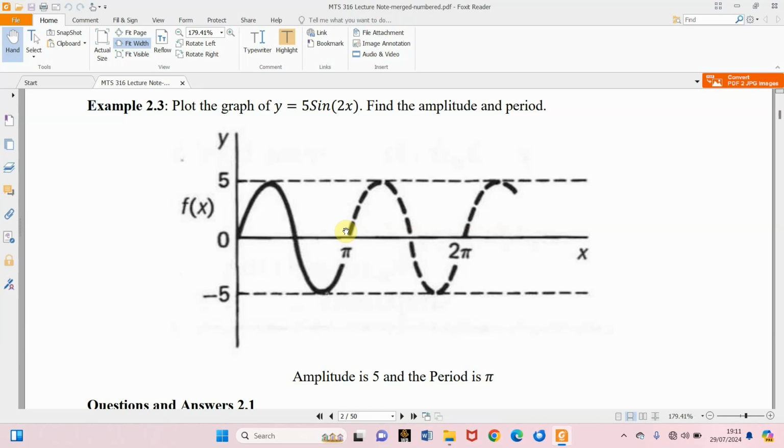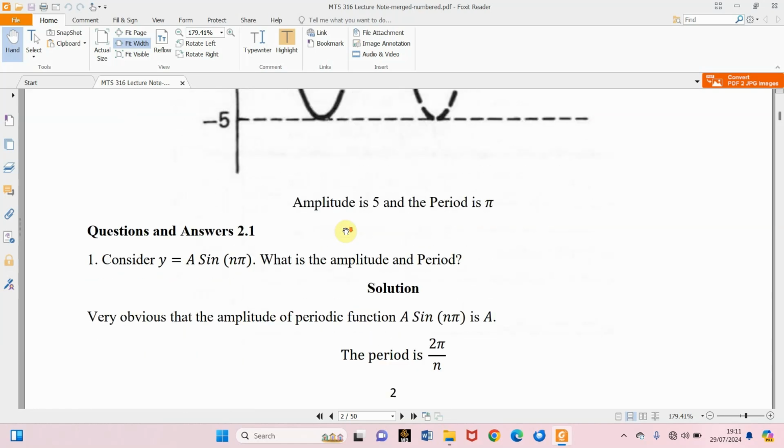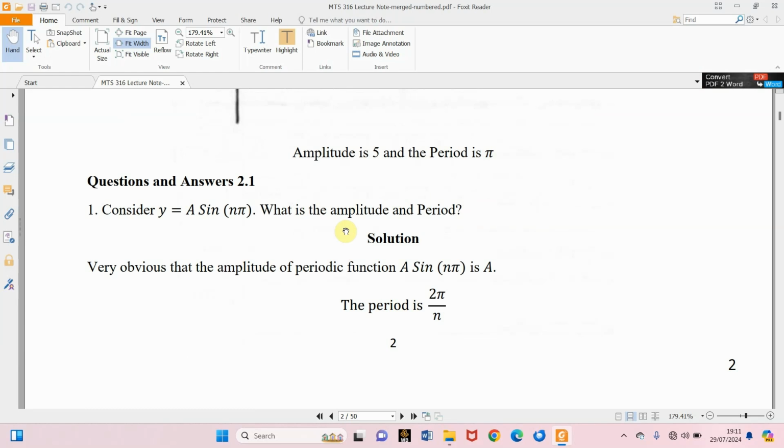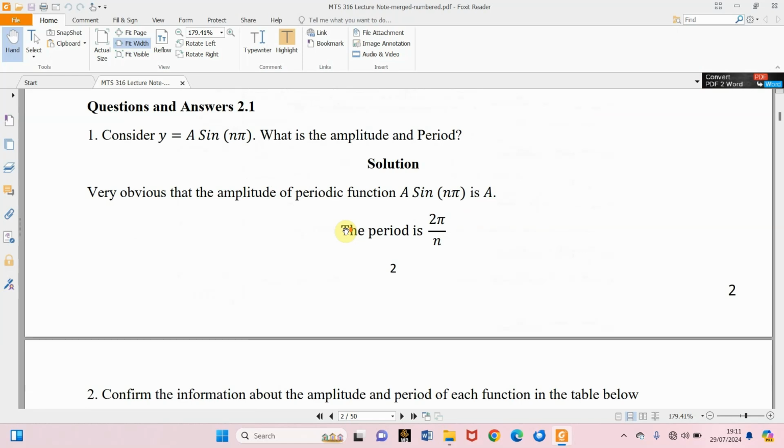So let's try to generalize the whole thing now. We are given, in tutorial question and answer 2.1, y equals a sine nx, and we are asked to find the amplitude and the period of this. Definitely, we know that the coefficient of that trigonometric function is the amplitude. So here the amplitude is a, which is the coefficient of the periodic function.